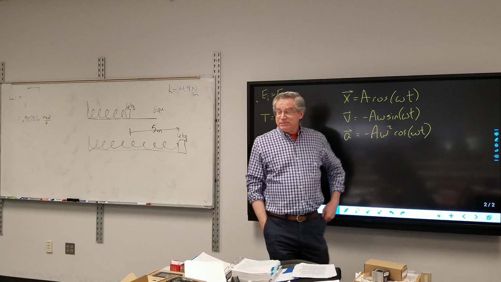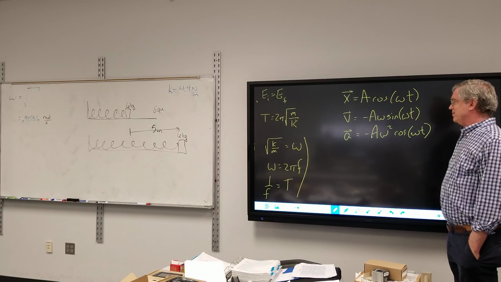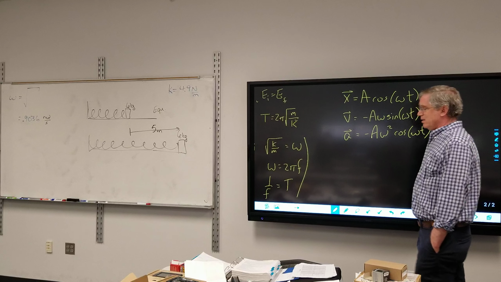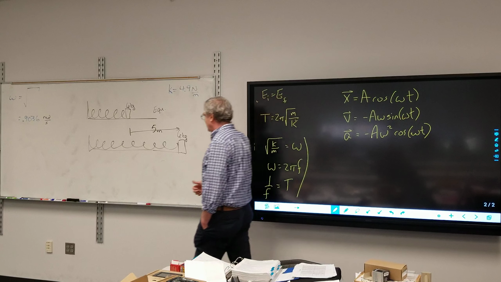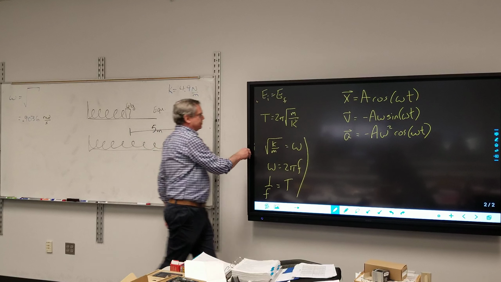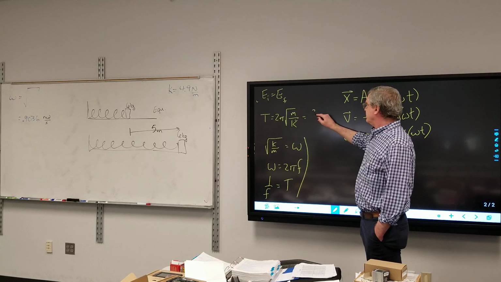All right, so we have omega now. So we could find regular frequency. Notice that we could also combine these two things here. This would also be equal to 2 pi divided by omega.